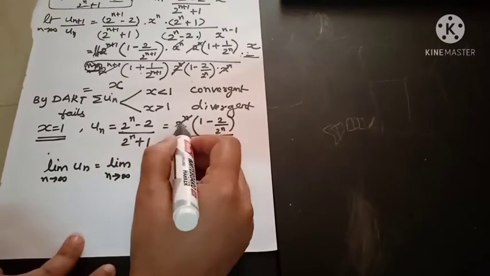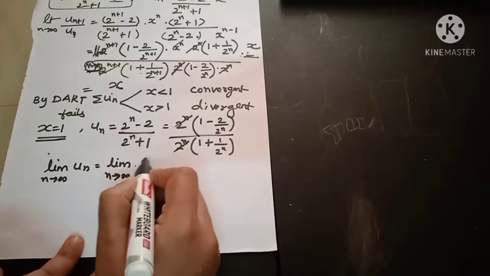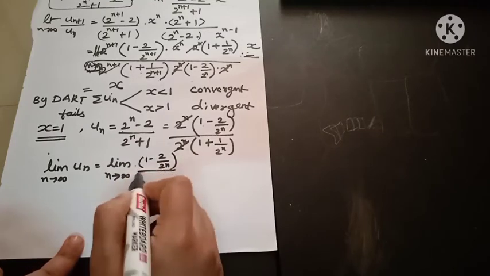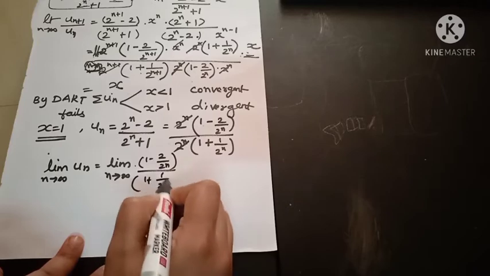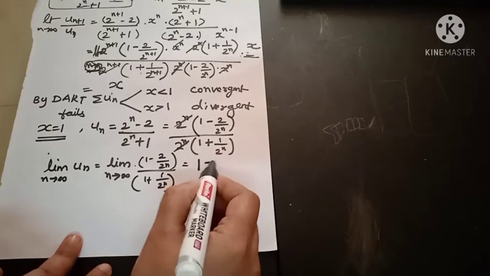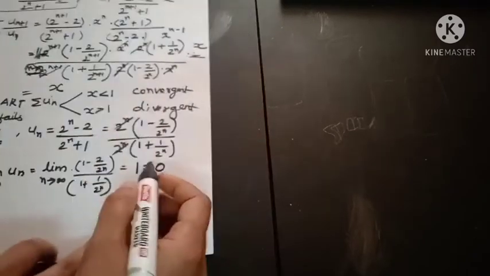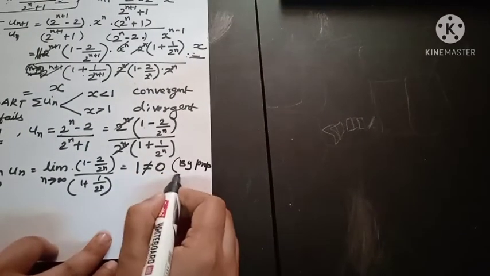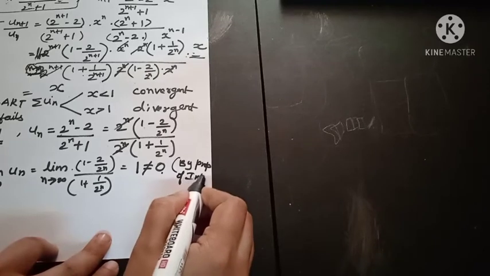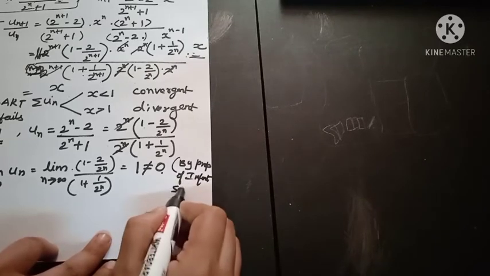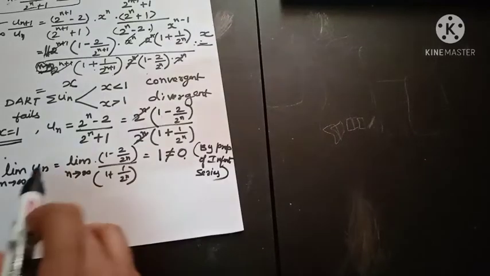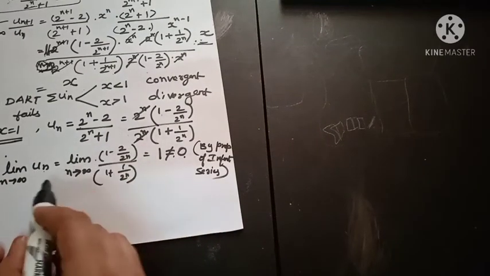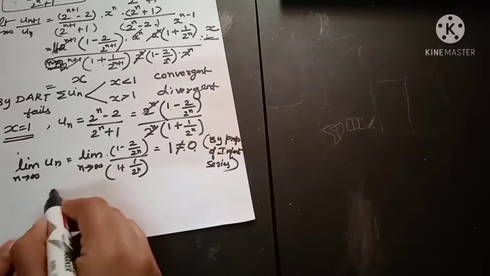So we apply that property of infinite series. We'll apply the limit value to this. Then what we get is 1 upon 2 to the power of n. This is 1 and it is not equal to 0. So by the property of infinite series, if the limit value of the nth term is not equal to 0, then the series diverges.